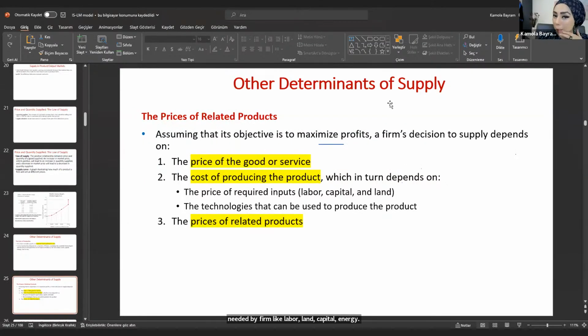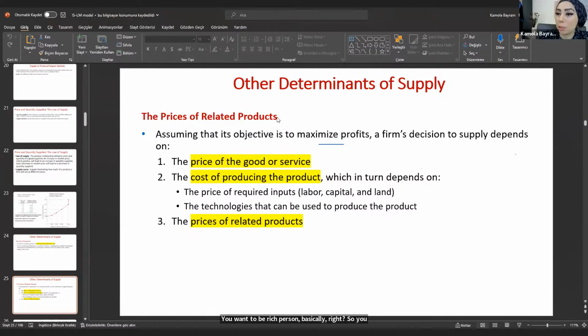Well, other determinants of supply, so we have also assuming that its objectives to maximize profit, right? If you are making company, it means factory, building factory, you want to be a rich person, basically, right? So you want to maximize your profit.